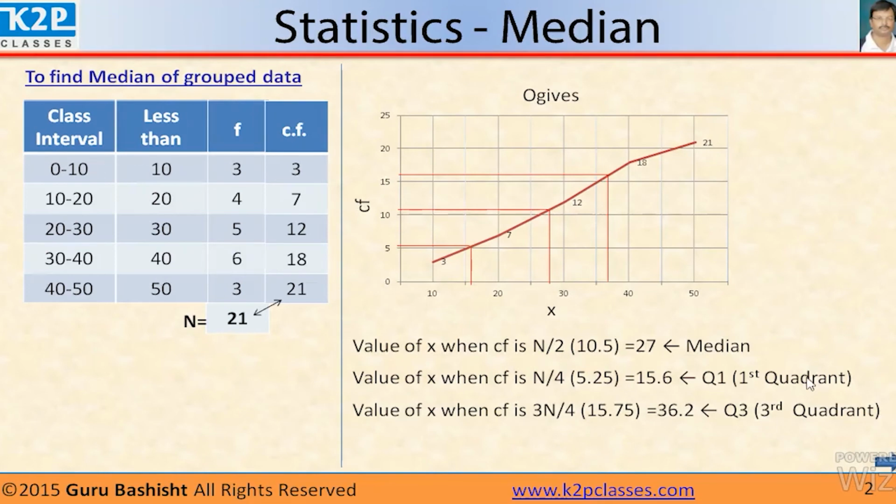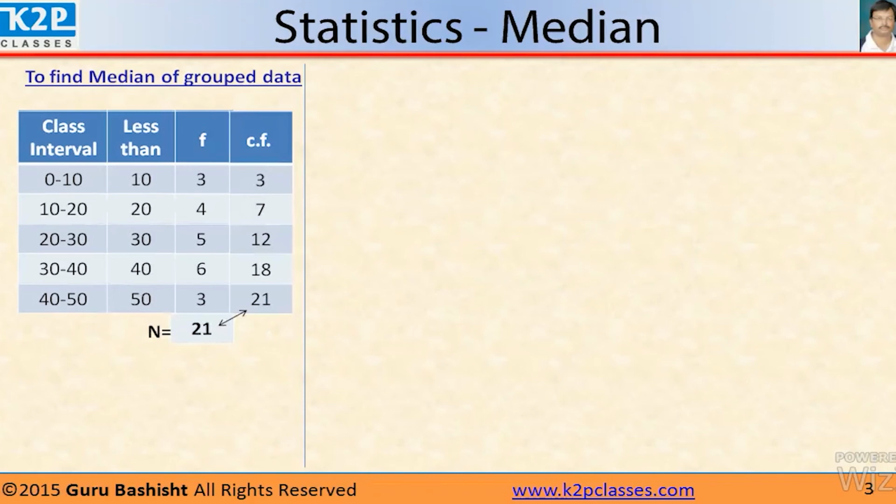This is the first quartile, the third quartile, and the second quartile is nothing but the median. So this is a graphical method to calculate the median. Now let us see how we can calculate it by the arithmetic method.